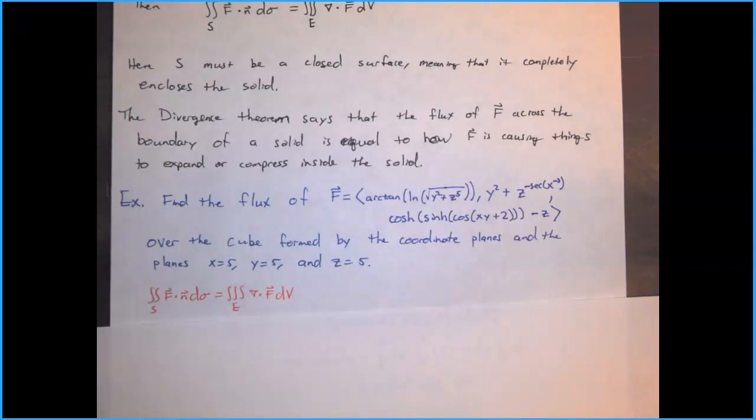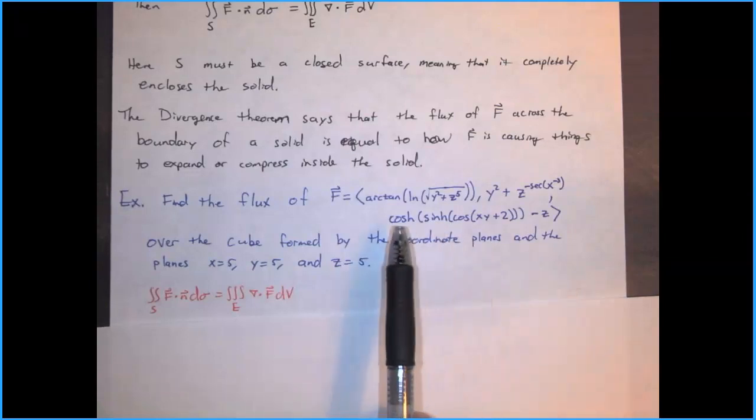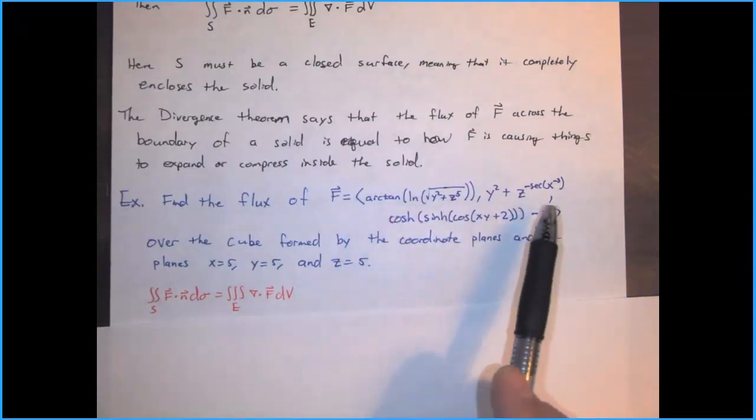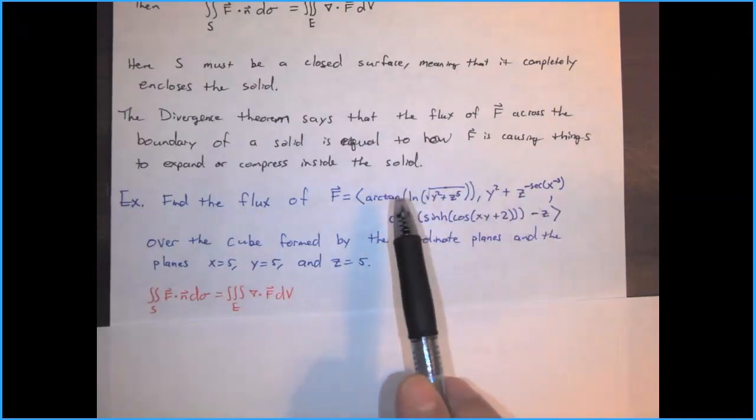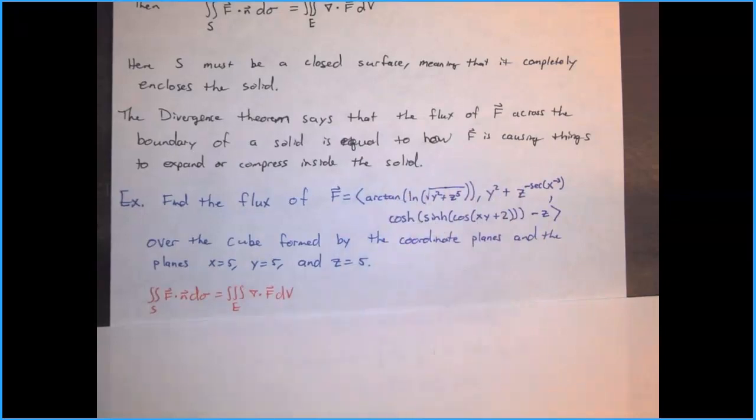Now, each of these sides is a square, so each individual surface would be easy to parameterize and find the normal vector because they're just squares. And 3 of them are coordinate planes, so zeros would be plugged in for those variables, so it wouldn't be too bad. But the rough part here would be these component functions. Right? These look absolutely horrible to deal with.